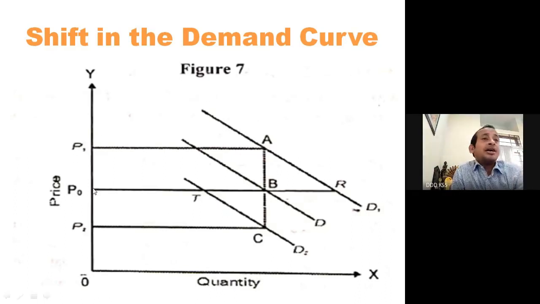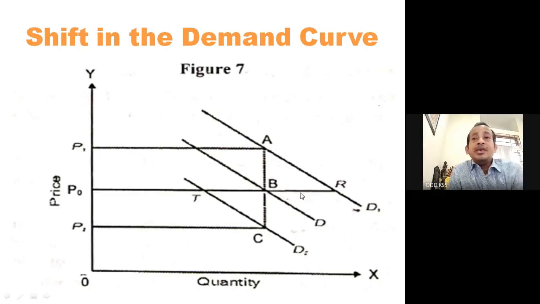Now for that, what we have done is, y-axis representing price and x-axis representing quantity. Now PO is the original price. Now at PO price, D is the demand curve. Okay. Now PB is the demand point.